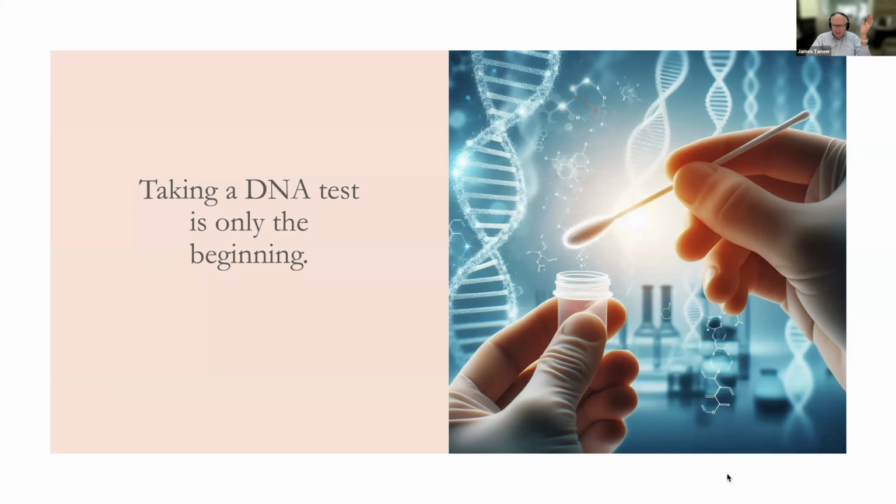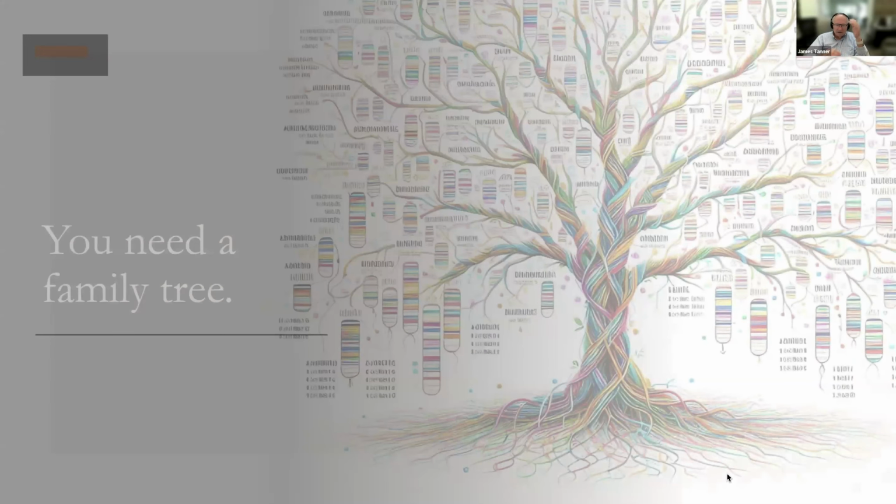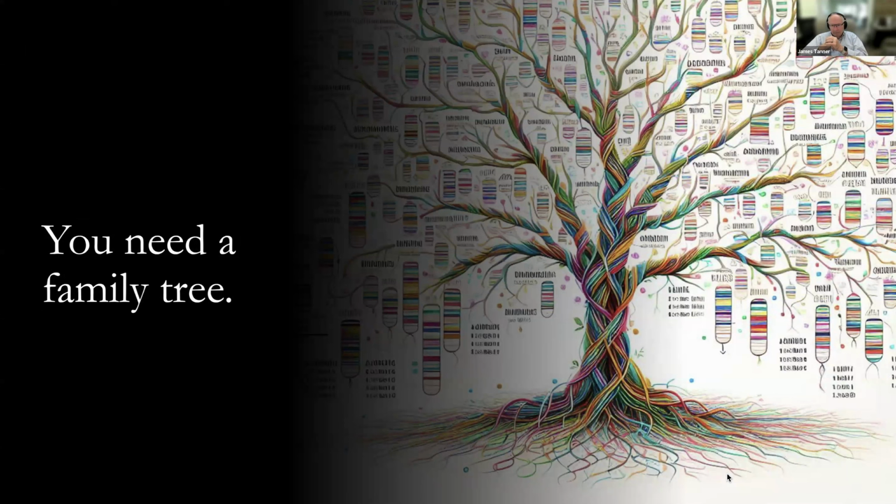Now, the key here is you have to have a family tree. If you do a DNA test on MyHeritage or Ancestry and then don't do anything to put your ancestors into the family tree, you may find you have a match with somebody, and if it says they don't have a tree, there's absolutely no way, other than trying to contact that person directly, which may be very difficult, to know how you're related to that person.